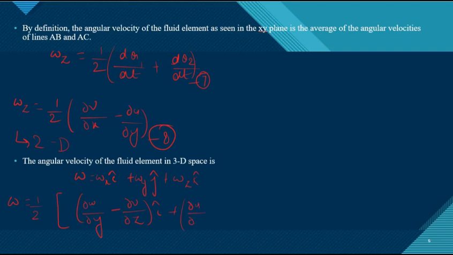When you're deriving it all by yourself, ensure that you get the same answer following the same procedure as we did for the z direction. So this is our angular velocity in 3D space. So this would be dou u and k cap. Let us put this as our equation 9.